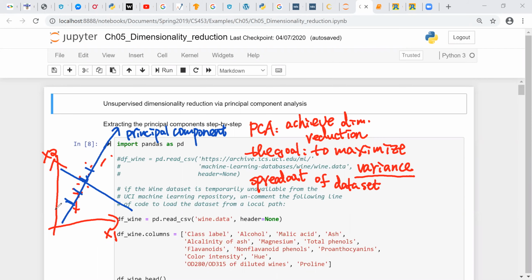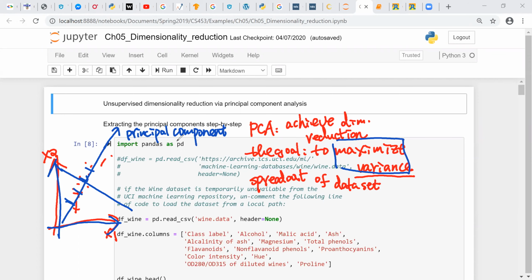Previously you had two features, x1 and x2, and right now if you pick one component, you can project and still classify. You can also visually see the data spread out the most along this component, compared with the original features. That's why we said to try to maximize variance.